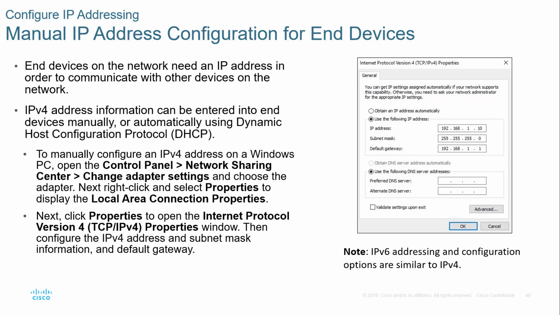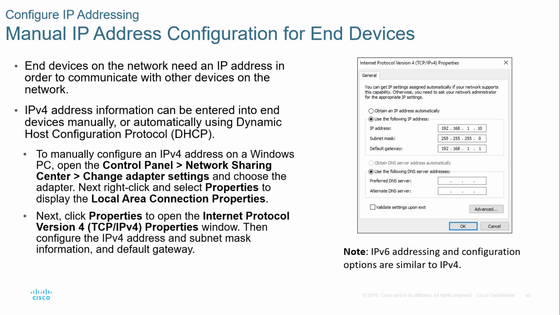If you're in Windows, we'd go to Control Panel, Network and Sharing Center, look at the adapter settings, and look at the properties of our network adapter. From there, we'd go to the IPv4 settings, and that is where we can manually set our IP address, subnet, default gateway, and DNS.